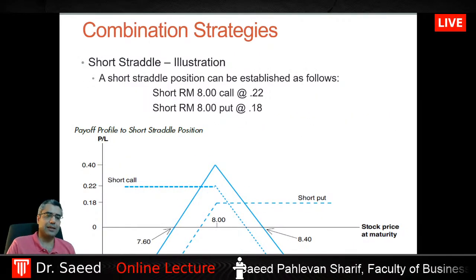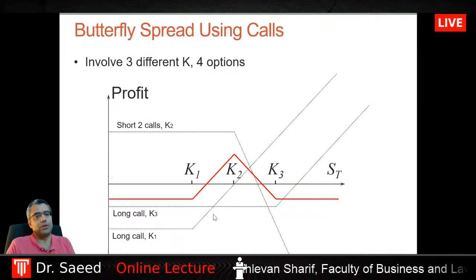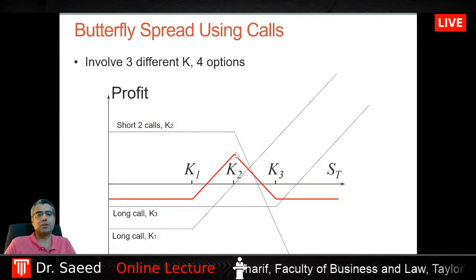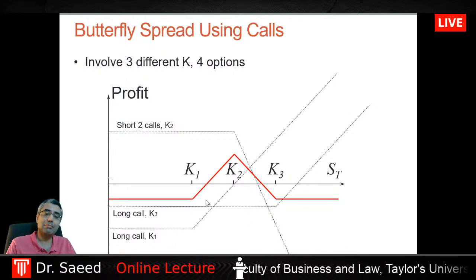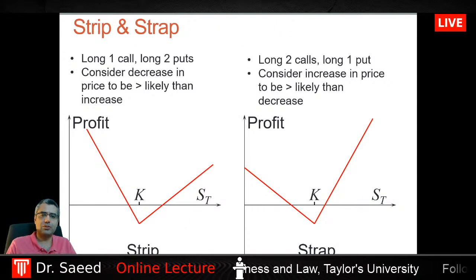The difference is in both of them you believe the price will be at this level in the next 3 months. But for butterfly spread using calls, you limit your loss. So there are many other types.